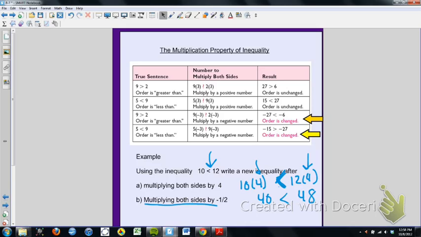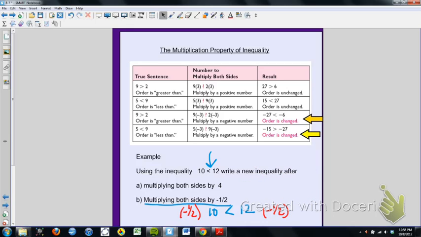But if I multiply both sides by negative 1/2, so we have 10 is less than 12, that's what we're starting with, and I'm multiplying both sides by negative 1/2. Let's try this in red here. So negative 1/2 and negative 1/2. Well, first of all, multiplying it by half wouldn't have changed anything except that we're multiplying it by negative 1/2.